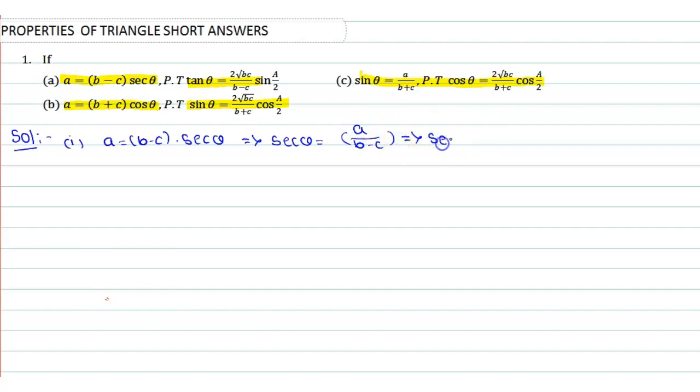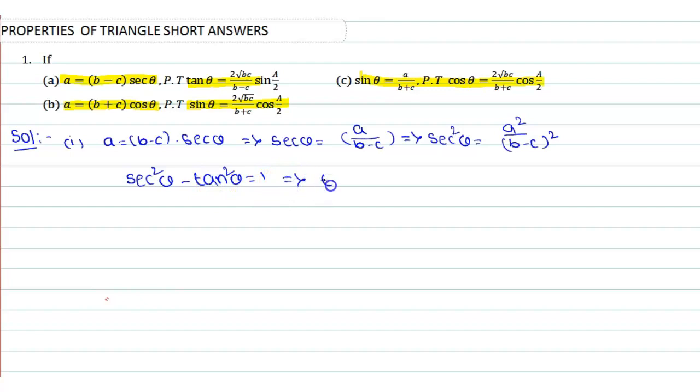In this condition I am getting secant square theta is equal to a square by b minus c whole square. Now here we have one identity. That identity is secant square theta minus tan square theta is equal to 1.